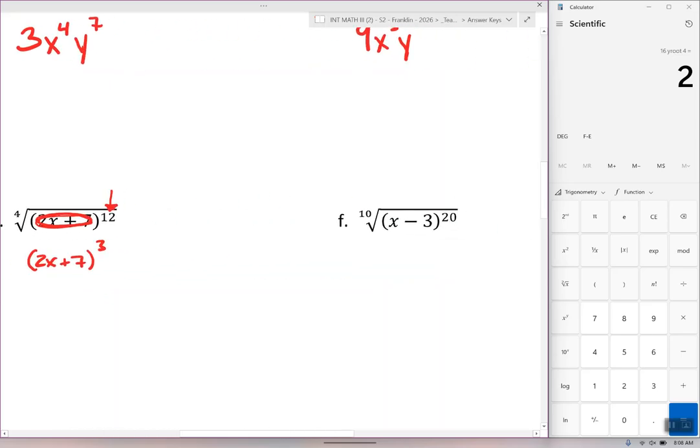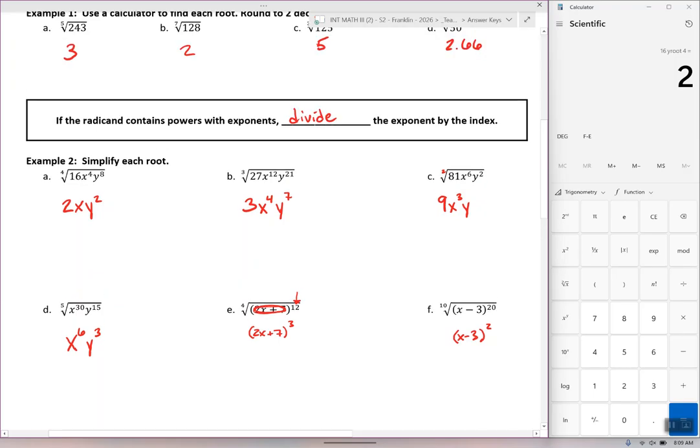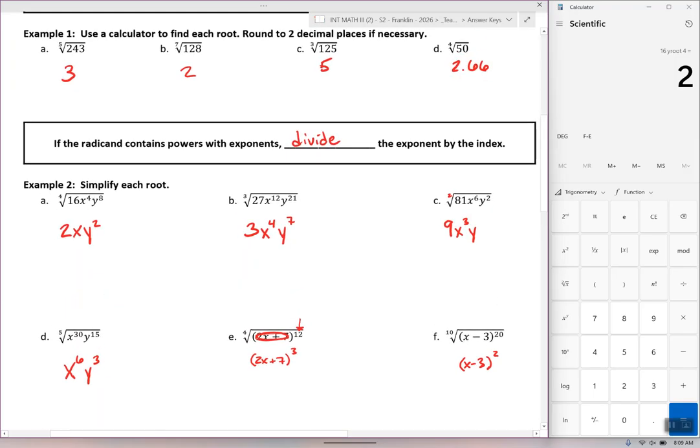And then you'll be able to simplify that much quicker. Last one here, the 10th root of x minus 3, all to the 20th. So 20 divided by 10 is 2. This is x minus 3 squared, which would be an easier one to multiply out if we were doing that. But again, just like the previous example, we'll leave that like that because we are focused on roots today.